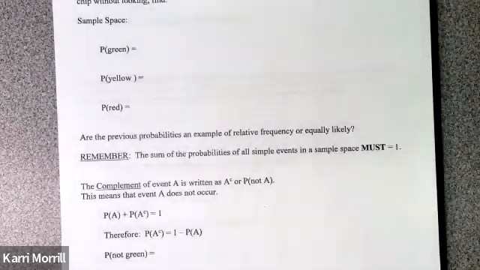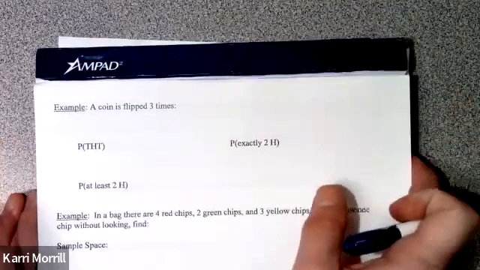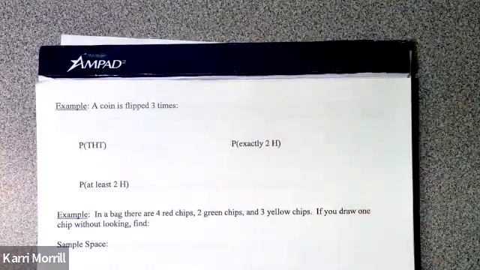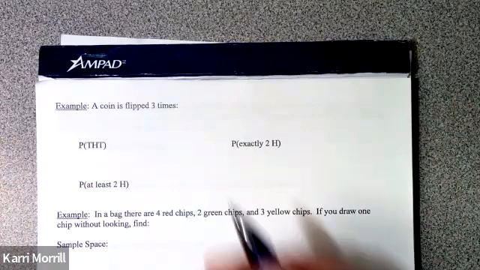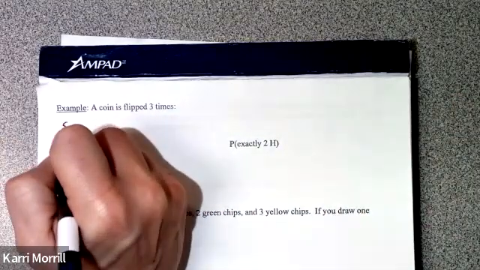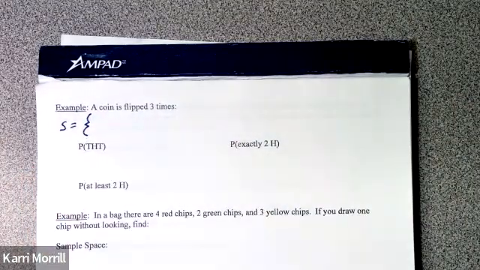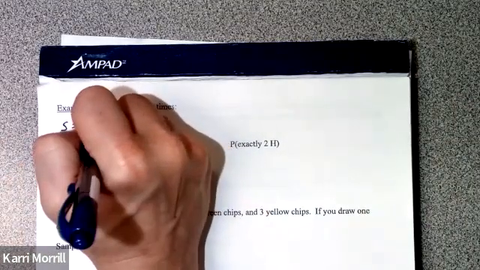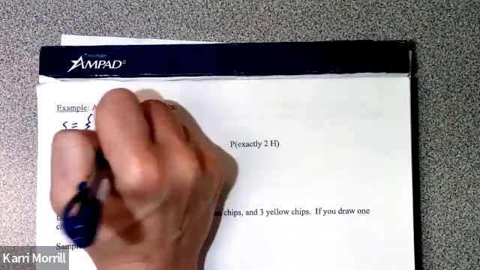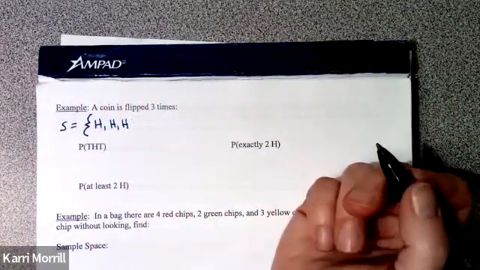So let's turn the page and go on and talk about a coin flipped 3 times. If you have a coin being flipped 3 total times, it is really good to write your sample space here. It's not as easy to know. So you could get heads, heads, heads, 3 heads in a row.